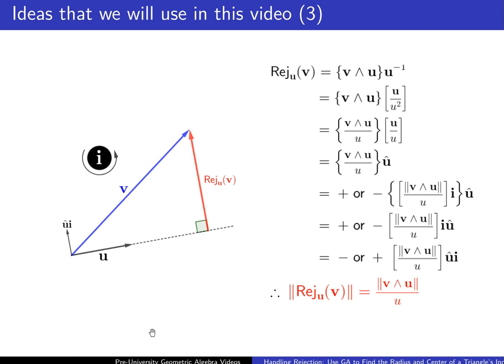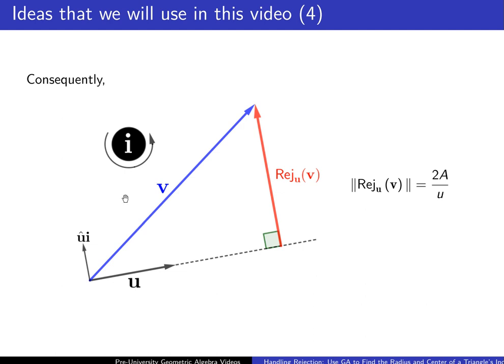But what really interests us in this problem is the magnitude of that rejection. So here we have a scalar times a unit vector. And what is the magnitude of a scalar times a unit vector? Well, it's the scalar. So the magnitude of the rejection here is the magnitude of the wedge product divided by u.